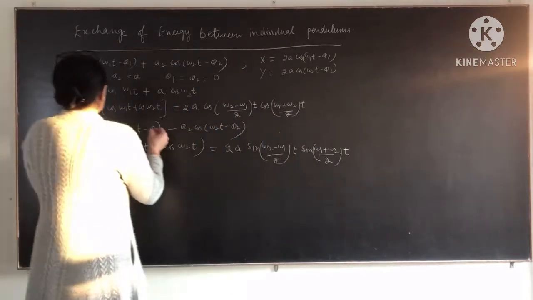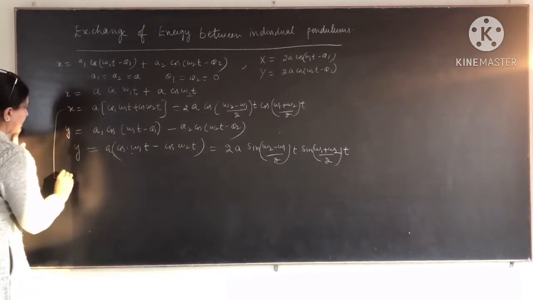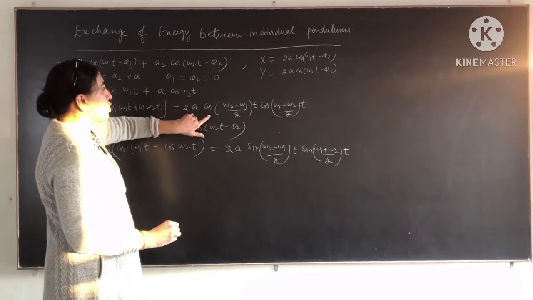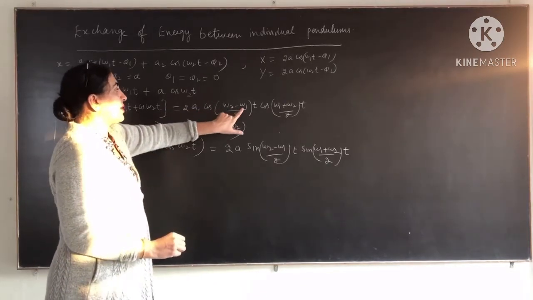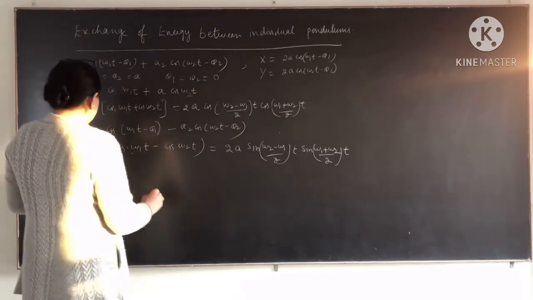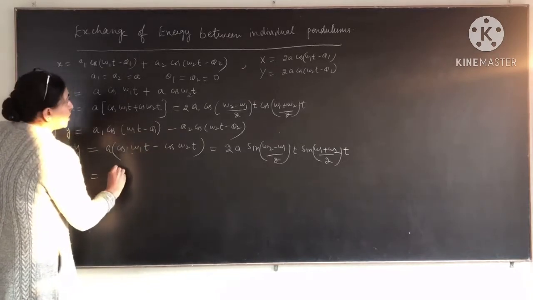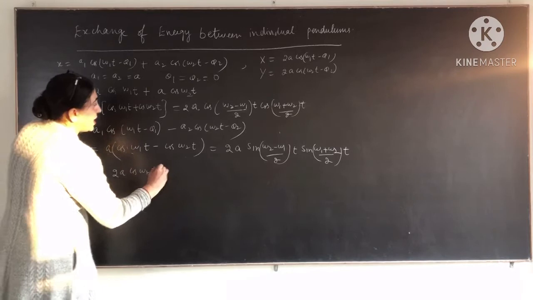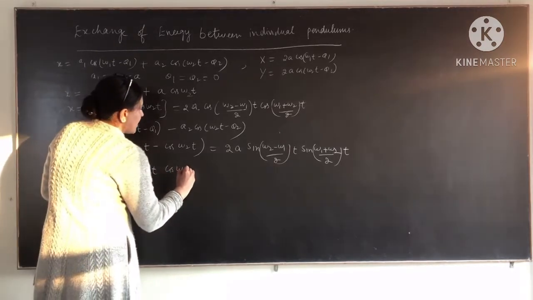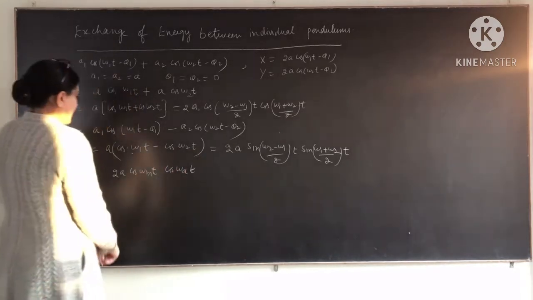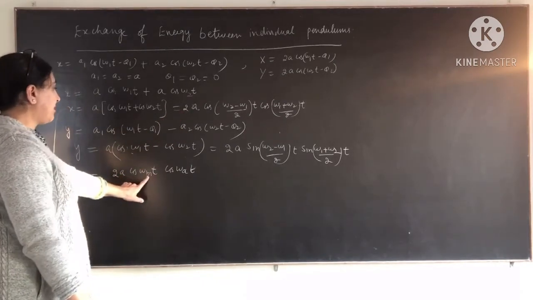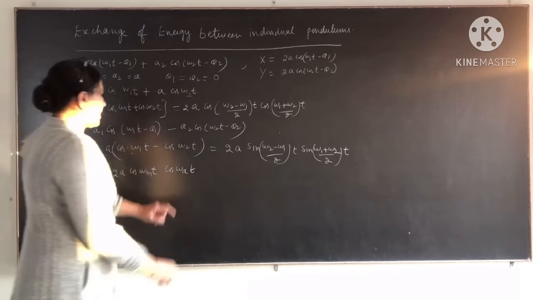Now you can make it simpler another way. x = 2a cos(omega m t) cos(omega a t).